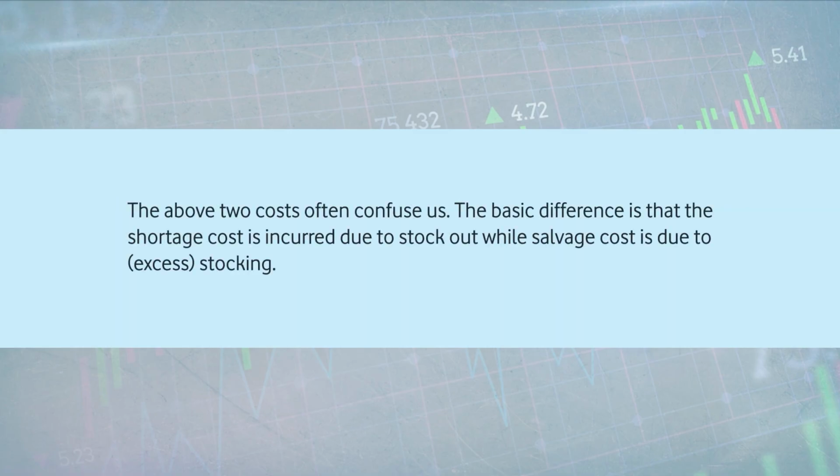The above two costs often confuse us. The basic difference is that shortage cost is incurred due to stock out, and salvage cost is due to excess stocking.